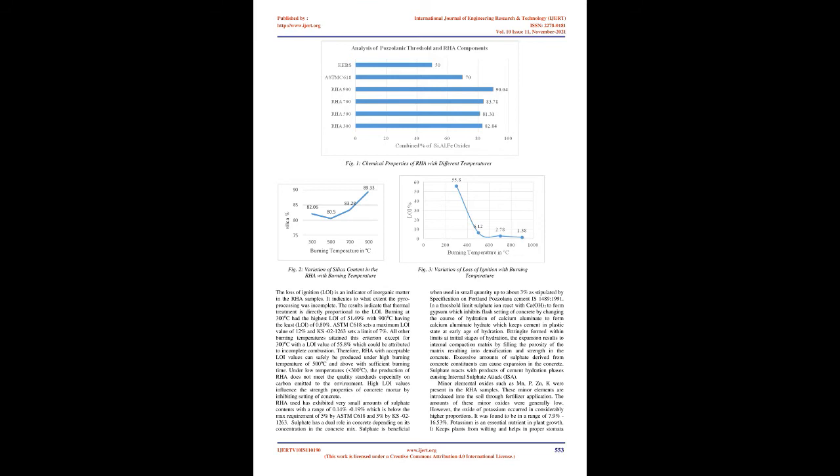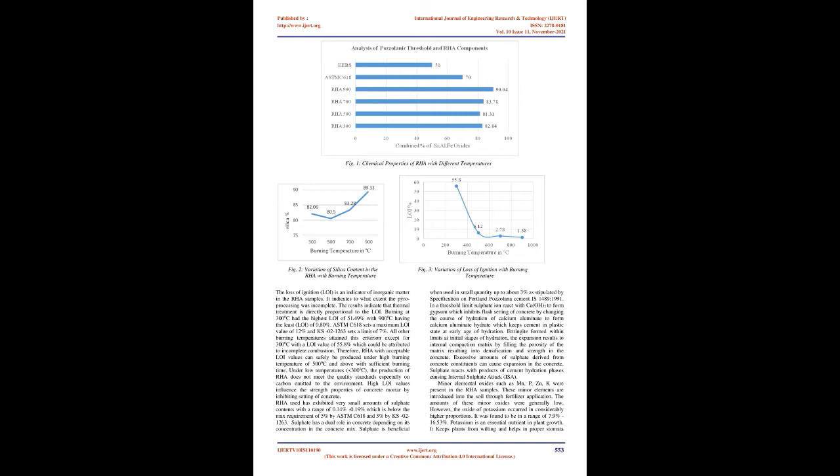All other burning temperatures attain this criterion except for 300°C with an LOI value of 55.8%, which could be attributed to incomplete combustion. Therefore, RHA with acceptable LOI values can safely be produced under high burning temperature of 500°C and above with sufficient burning time. Under low temperatures, 300°C, the production of RHA does not meet the quality standards, especially on carbon emitted to the environment.